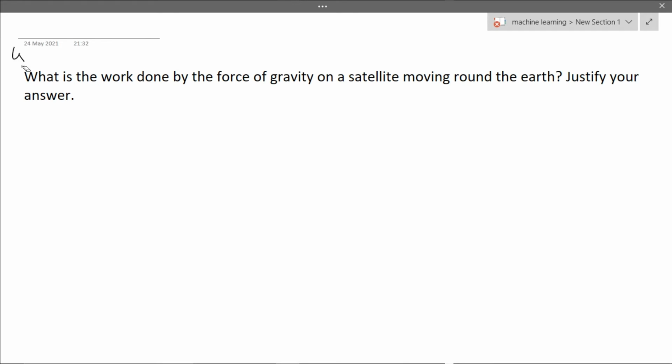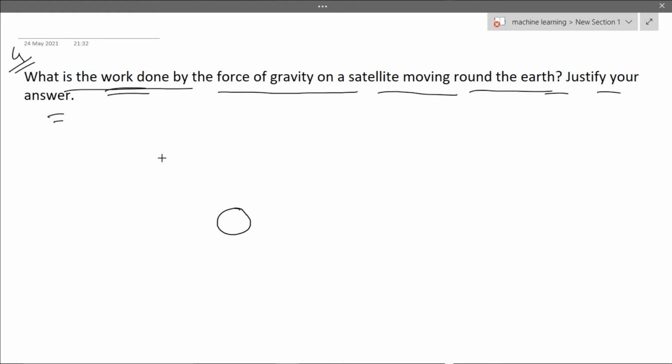Move on to the next question. What is the work done by the force of gravity on a satellite moving around the earth? This is the earth and the satellite is moving around the circular orbit.